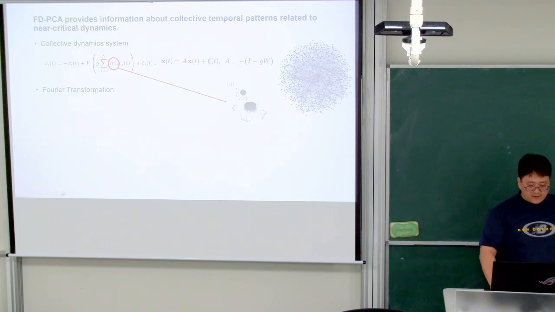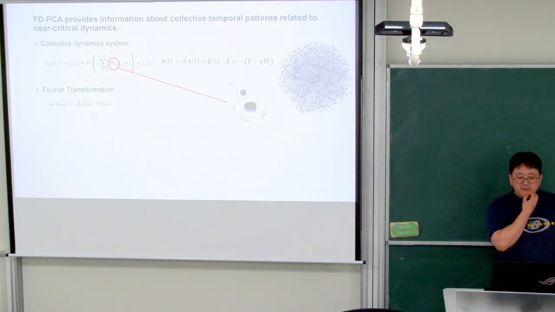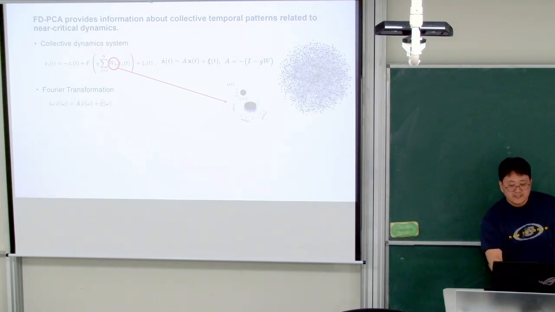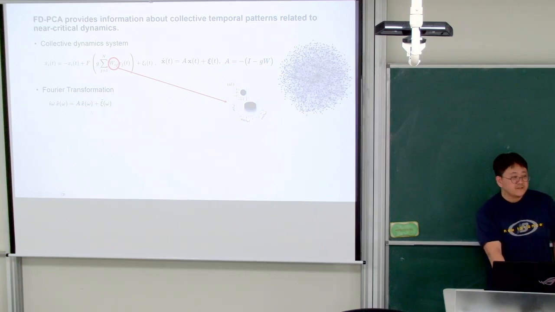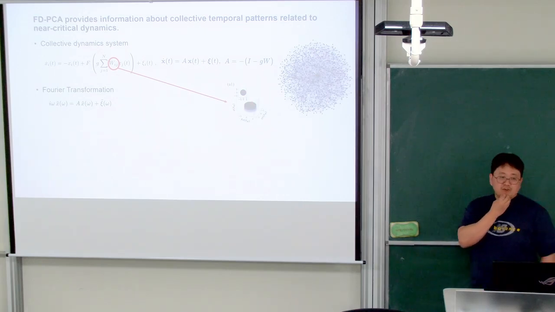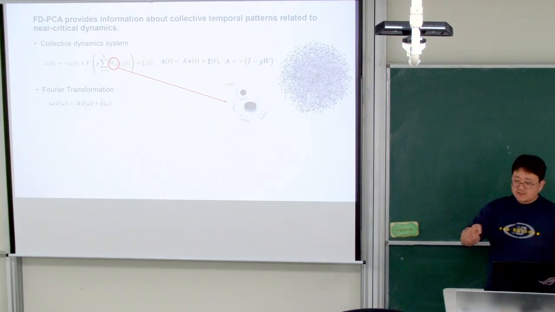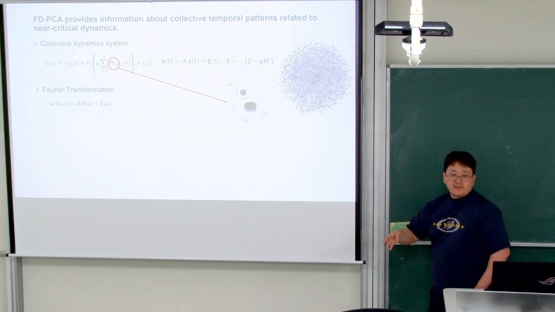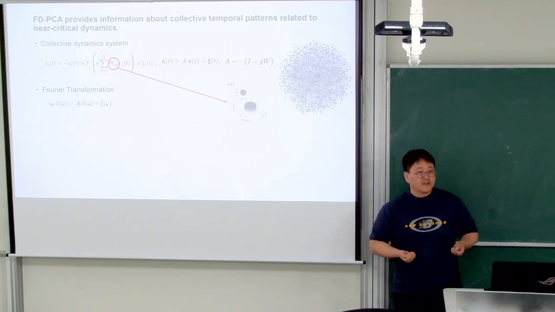So after applying the Fourier transformation to this equation, then you will get this one, right? Yeah. So do you have any question about this? Can you explain what is this network that you're showing? It is randomly connected. So if you set the number of connections, then you can randomly connect the nodes, right?